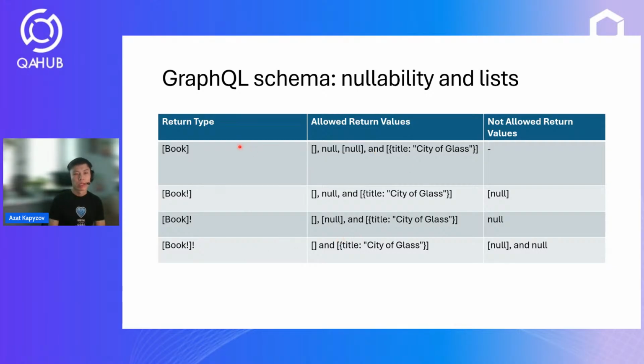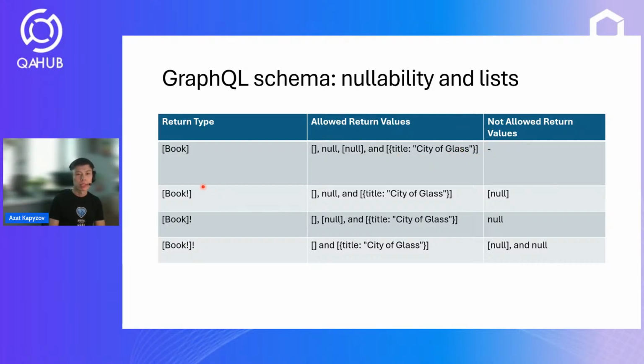If we use just a list, for example a list of books, and we don't use the exclamation mark, it means that the response might be null, and the items inside this list also might be null. So the allowed return values are an empty list, null, a list that contains null, and of course some object in the list.